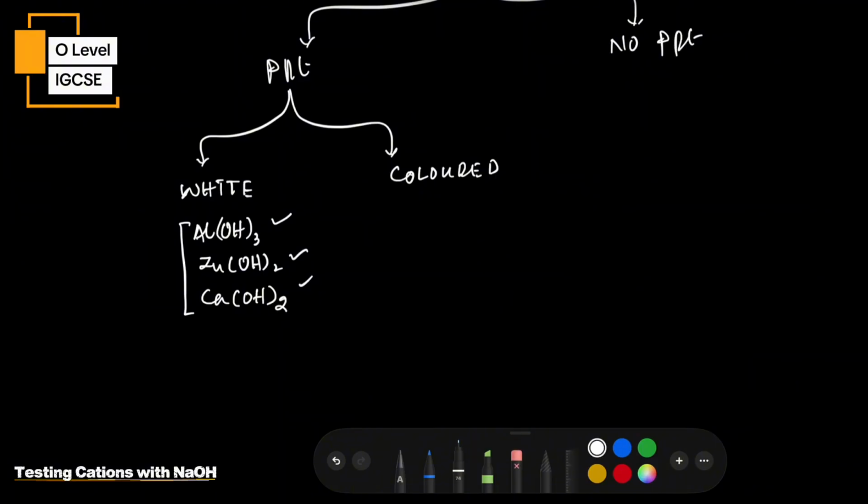If iron 2 positive ion is present, the precipitate will be green.